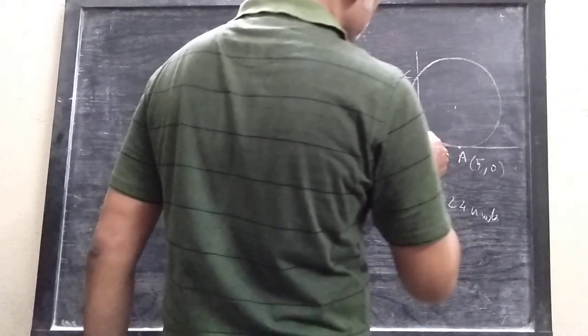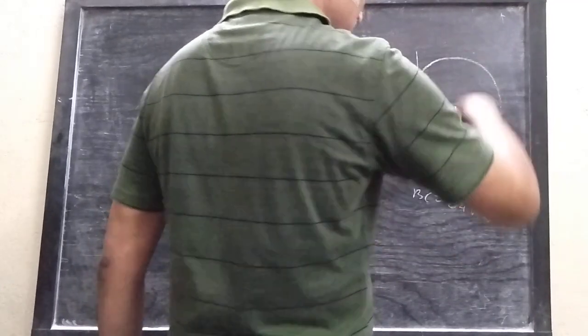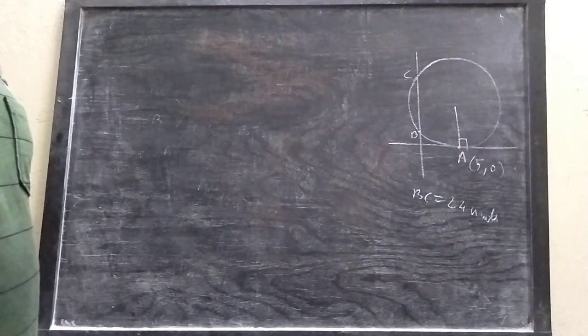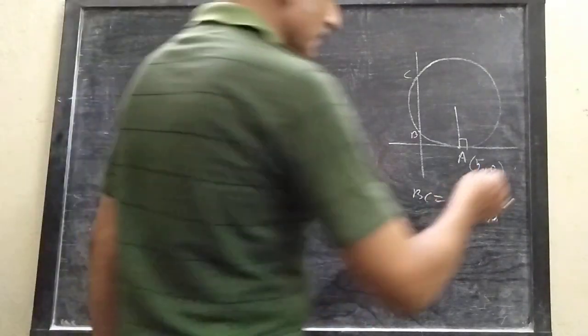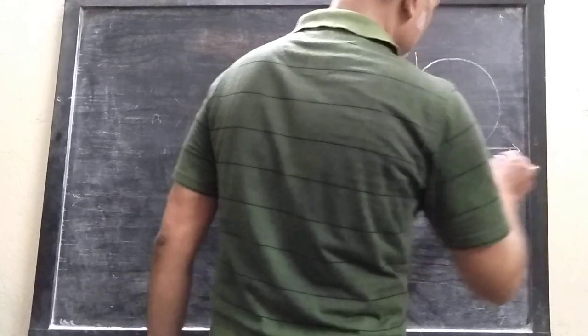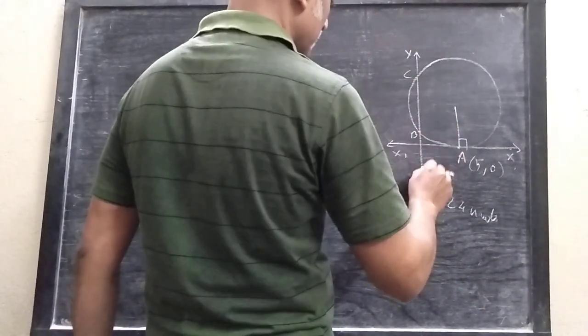Now look, the line joining the center to the point of contact is perpendicular to the tangent. This is the x-axis. This is the y-axis.